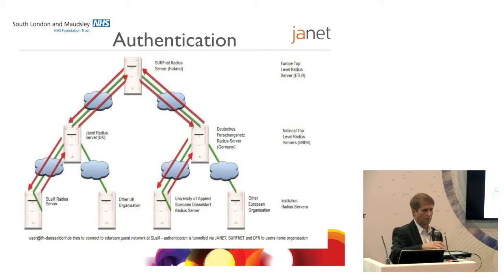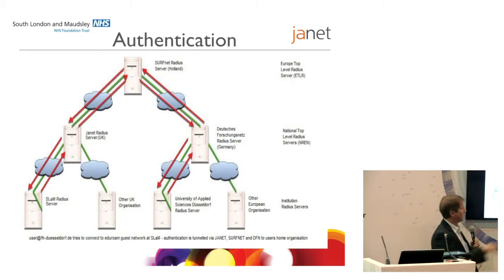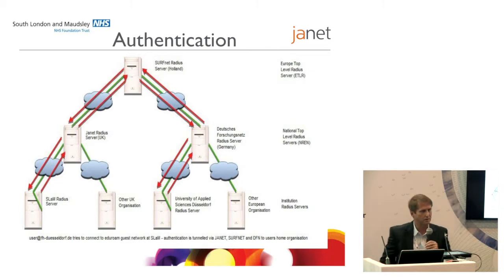So Malcolm's already shown you some of this diagram, I think, and what the right-hand side here tells you is that is the worldwide Eduroam solution. We're concentrating on the left-hand side of this, which is in the UK, and we've got visiting organisations coming in and using a Radius server.